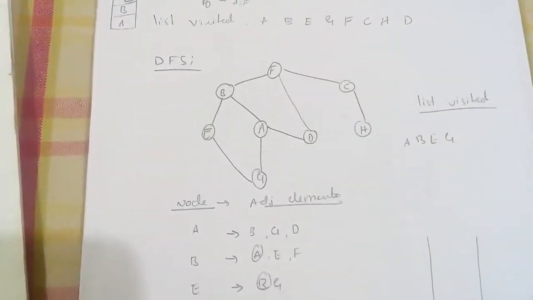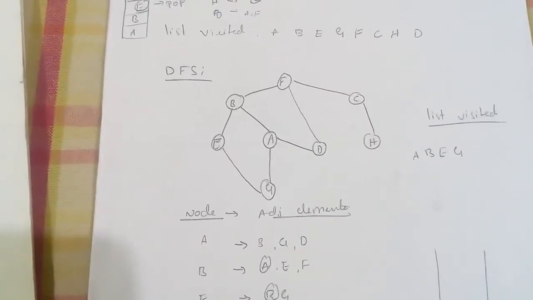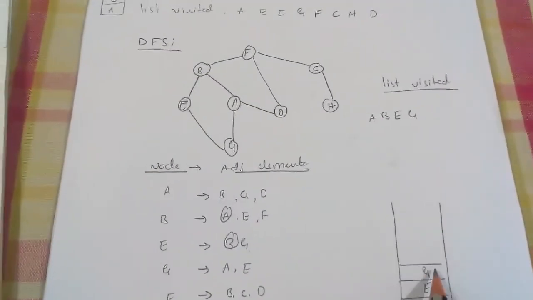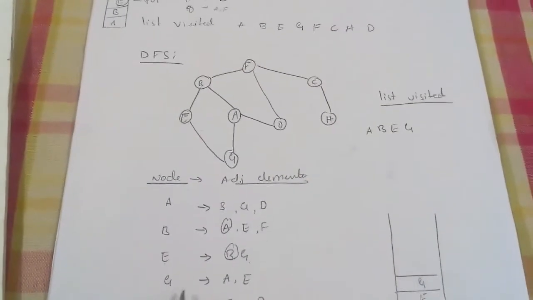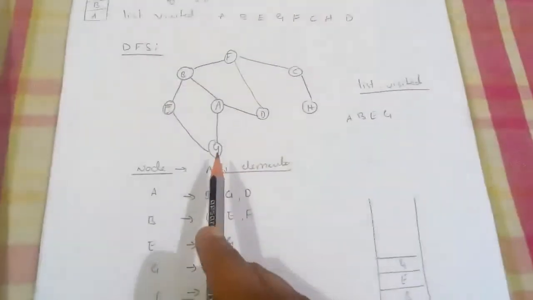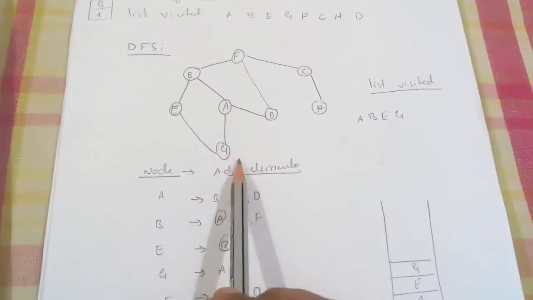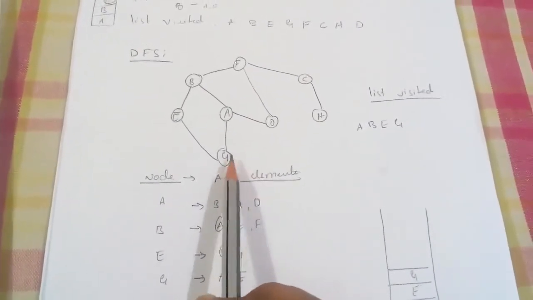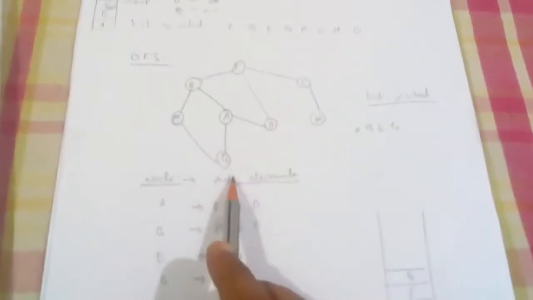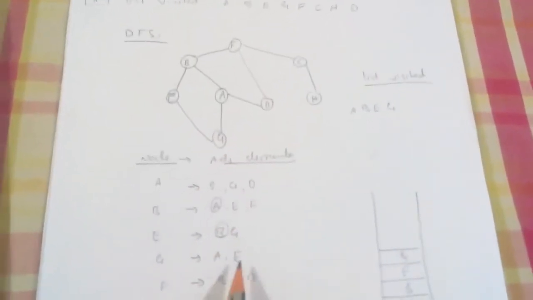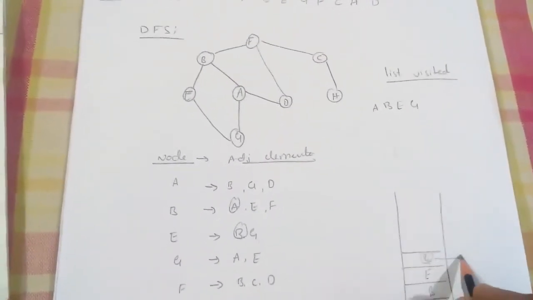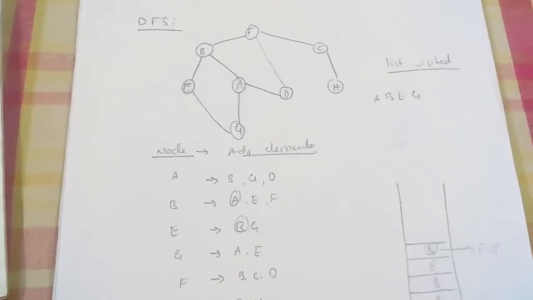So G is now top of the stack, its adjacency elements are E and A, and both are already visited. Therefore G is popped from the stack.